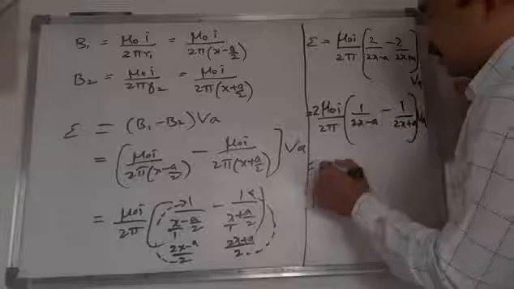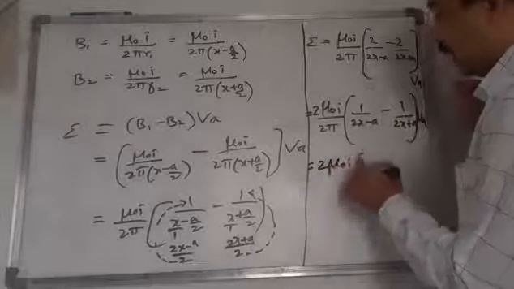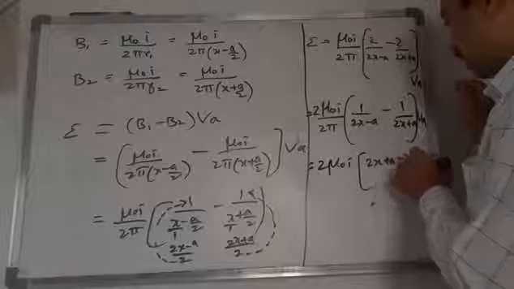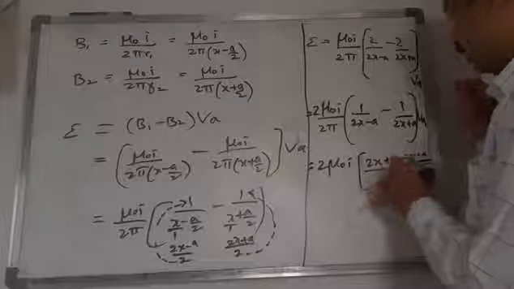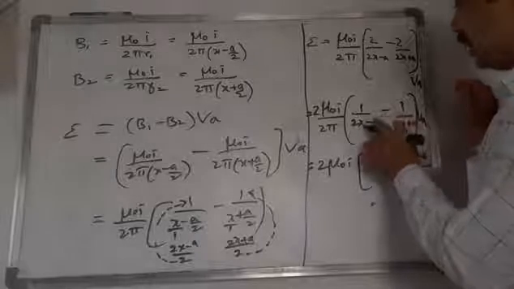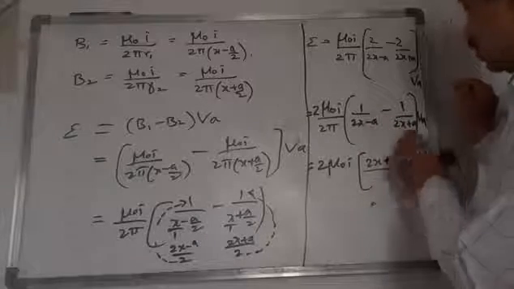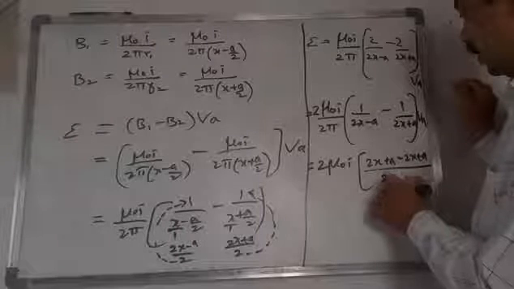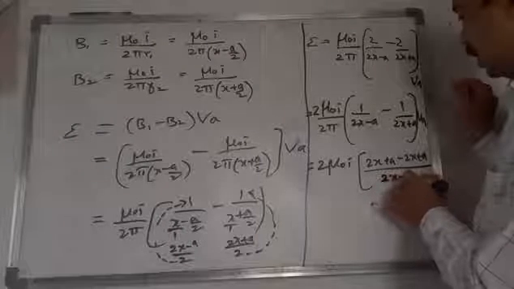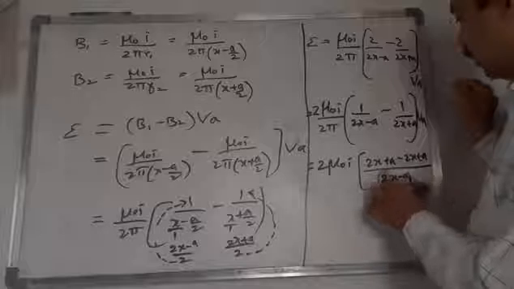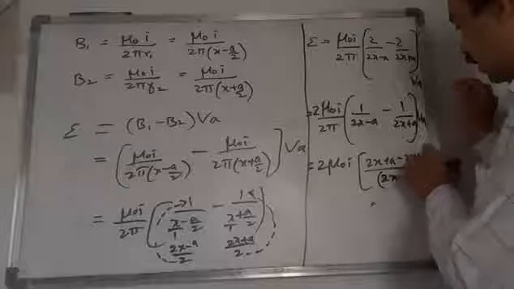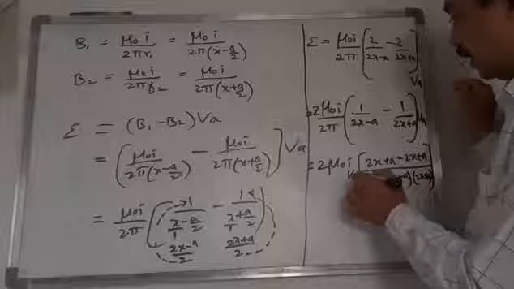What you will get is 2 mu naught I into (2x plus a minus 2x plus a) by (2x minus a) into (2x plus a), into VA.